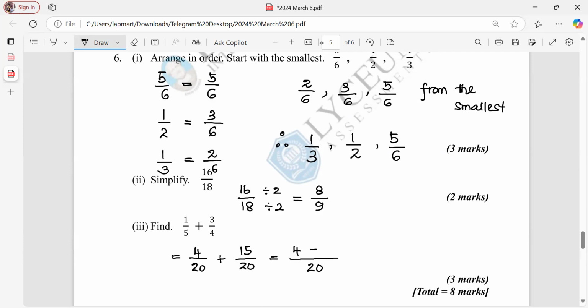So then the 4 plus 15, it is 19 over 20. We can't simplify this further, so we will keep the final answer as it is. So that is all about question number 6. We had so many steps, so that's all about question number 6.